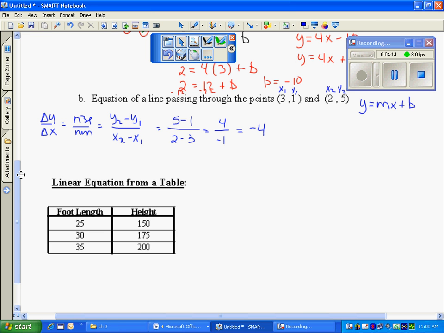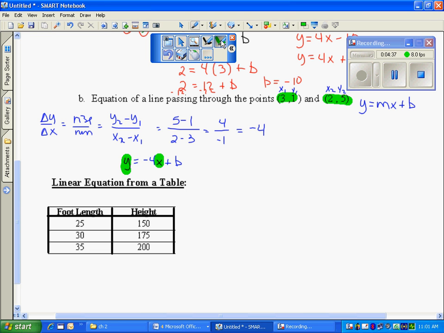So I've really completed half of what I needed. I need to find b. So now it's very similar to the problem above. I have my slope. However, I need to find this y and x so that I can find my b value. I have 2 ordered pairs to choose from, an x and a y. Doesn't matter which one because both of them need to satisfy this.